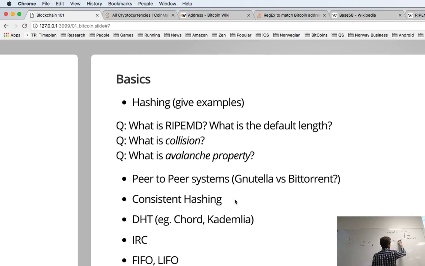Let's say you hash between H1 and H3: your hash is bigger than H1, but smaller than H3. So you are somewhere here.